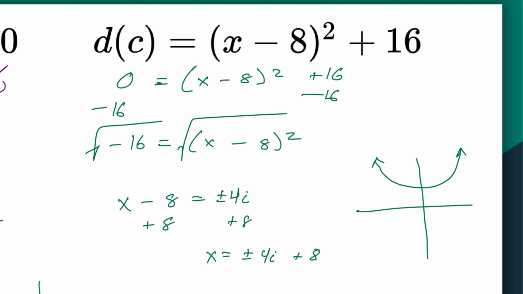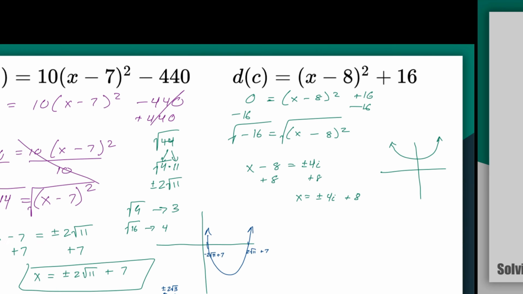So we don't actually have a point that we're going to pick out and say, that's where positive 4i plus 8 is, or that's where negative 4i plus 8 is, because they don't ever cross, okay? So that one's going to be tricky. If you had a negative a value here and an x-intercept that says there are imaginary numbers, then it would all need to be below the x-axis, facing down, okay?